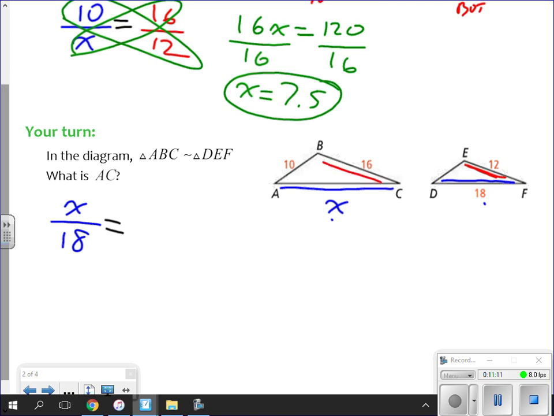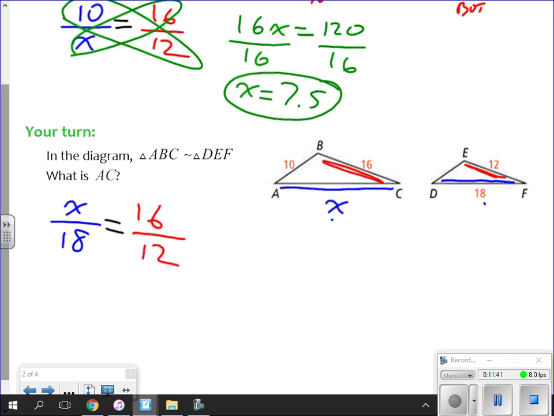Yeah, the length at 16, which is BC. So that means the two sides I'm going to work with here are 16 and 12. Okay. Which one's going to go on top, the 16 or the 12? The 16, because the X is the one on top here, so the 16, because it's from the same triangle, needs to go on top here. So I get 16 over 12.